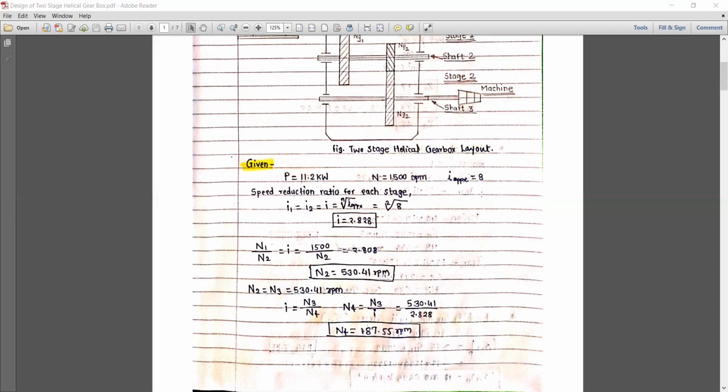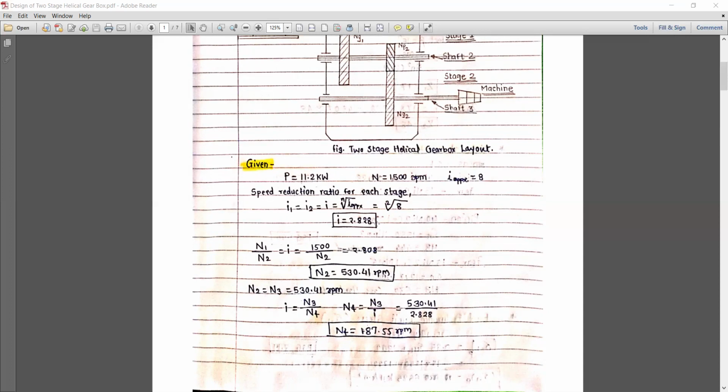N1 divided by N2 is equal to i, that is 1500 divided by N2 is equal to 2.828. After calculating, the speed of shaft number 2 is 530.41 rpm. That means the speed of gear number 1 and pinion number 2 would be 530.41 rpm.